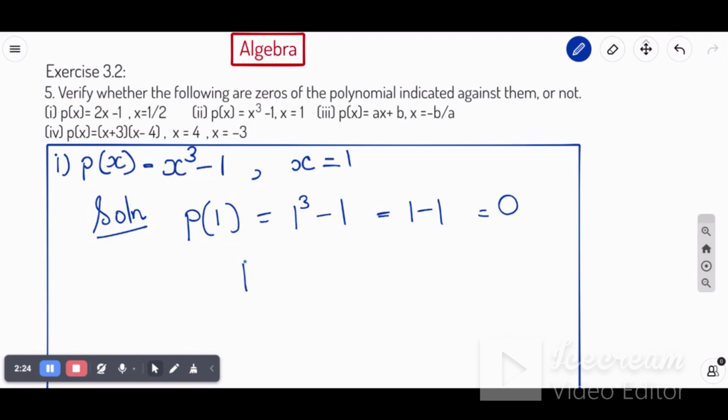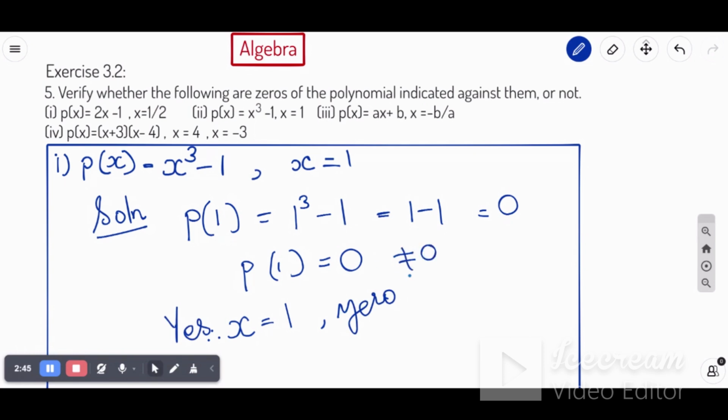So you have got p of 1 equal to 0. Therefore, we arrive at a conclusion: x is equal to 1 is the 0 of the polynomial. So you can write yes, x is equal to 1 is the 0 of the polynomial. If you don't get a 0 here, you can put not equal to 0 and x is not a 0 of the polynomial. Let us check whether the other two questions we are getting a 0 or not.